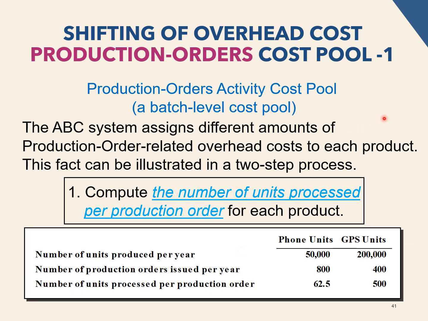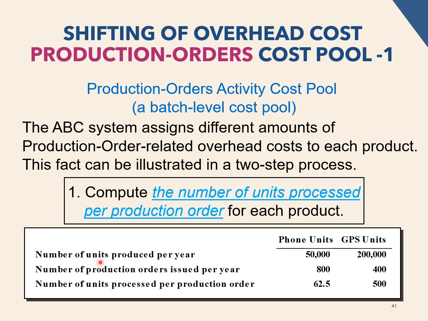The ABC system assigns different amounts of production order-related overhead costs to each product. This fact can be illustrated in a two-step process. The first step is to compute the number of units processed per production order for each product, like this.